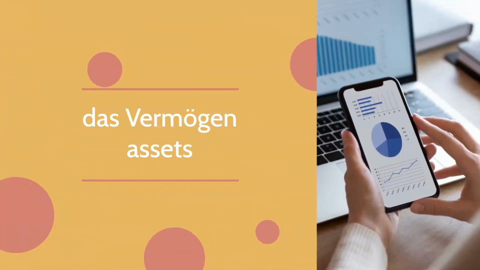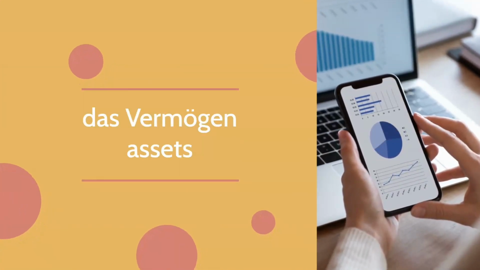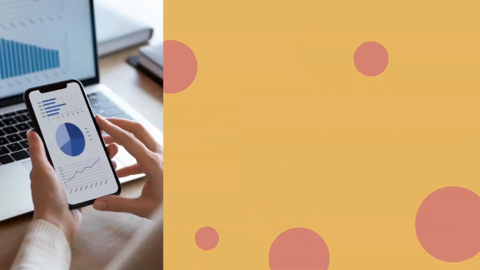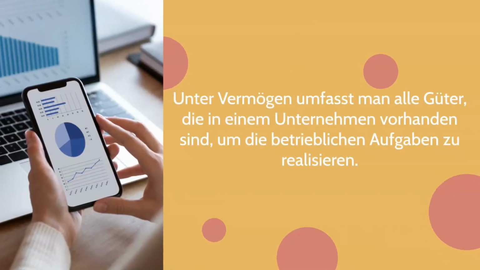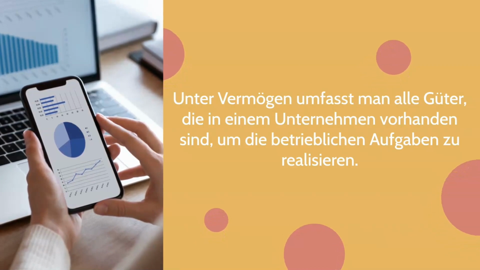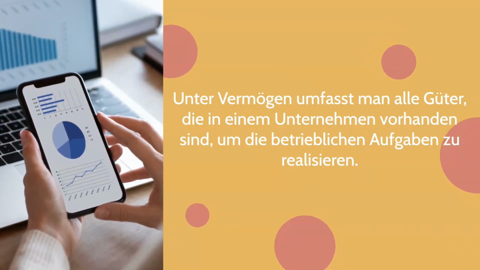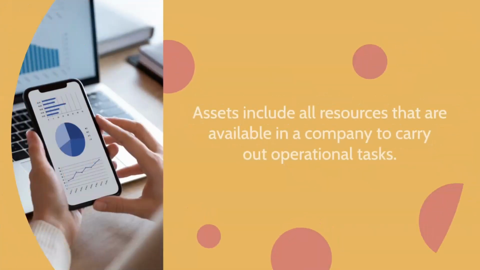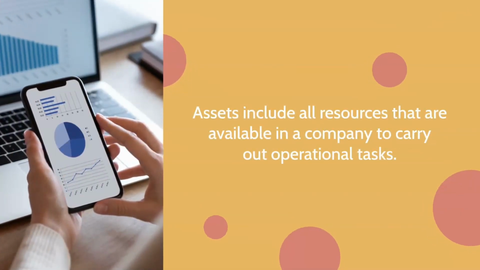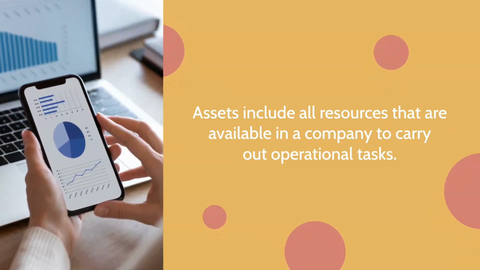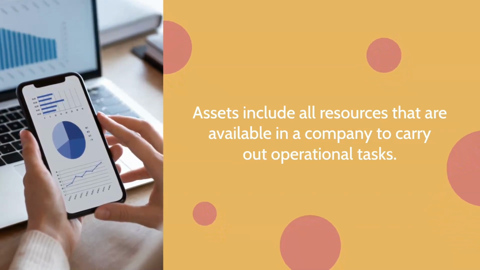Das Vermögen. Assets. Unter Vermögen umfasst man alle Güter, die in einem Unternehmen vorhanden sind, um die betrieblichen Aufgaben zu realisieren. Assets include all resources that are available in a company to carry out operational tasks.